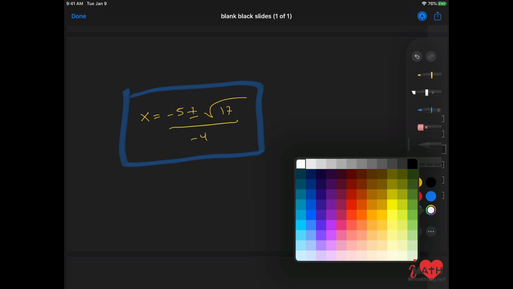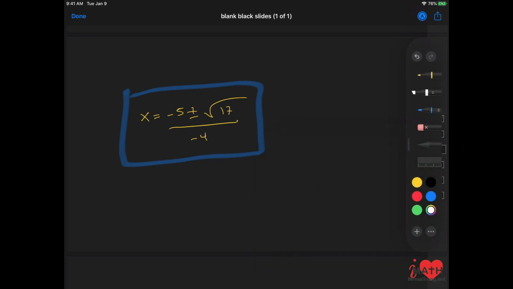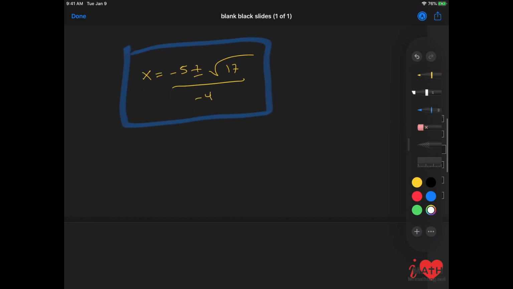All right, so I would be happy with this answer, but I want to show you guys how the textbook has a similar answer or different. So what I first want to show you guys is changing this to a plus or minus. So you have 1 plus and you have 1 minus. So you have x equals -5 plus radical 17 all over -4.